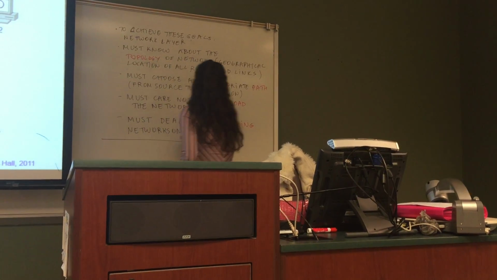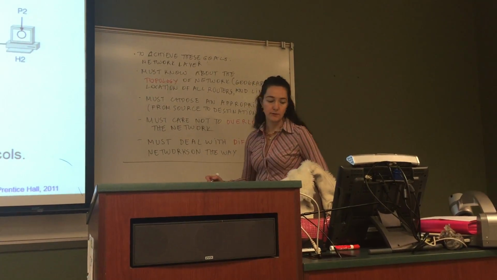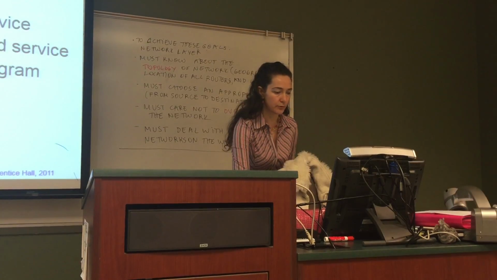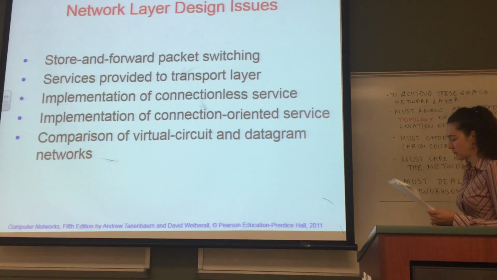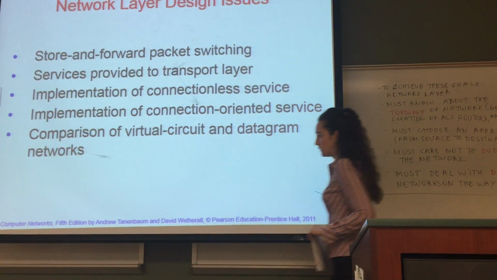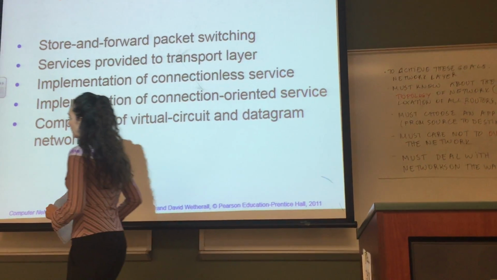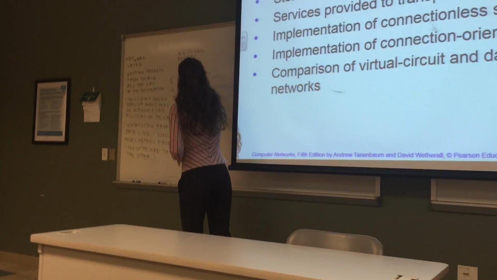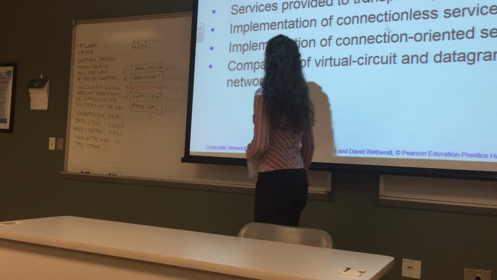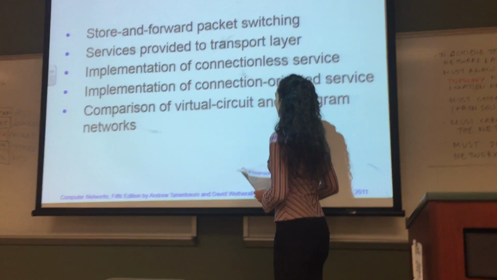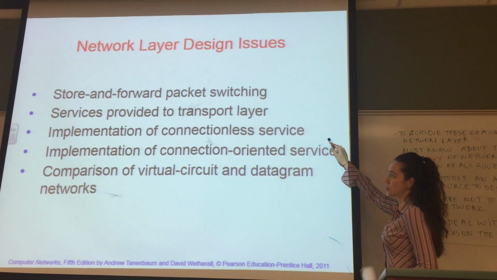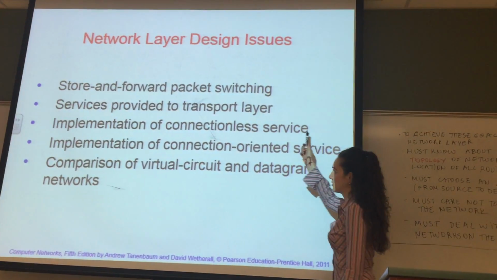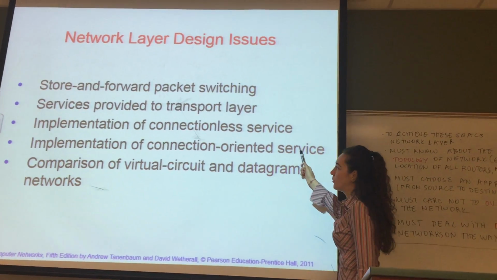Some design issues that we have seen on the previous slide. The network layer will provide services to the transport layer. It can provide connectionless service, which is what it mostly does in reality.